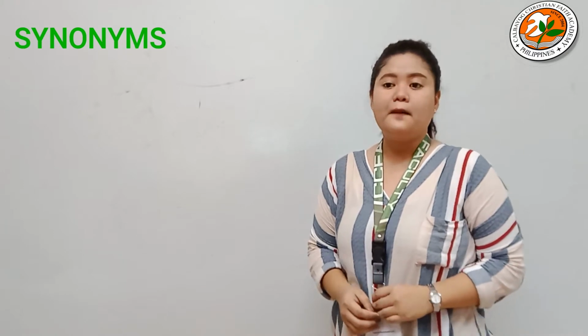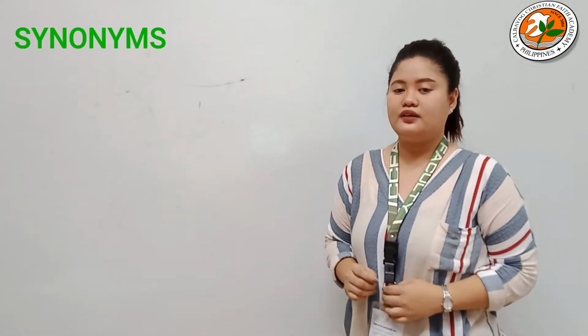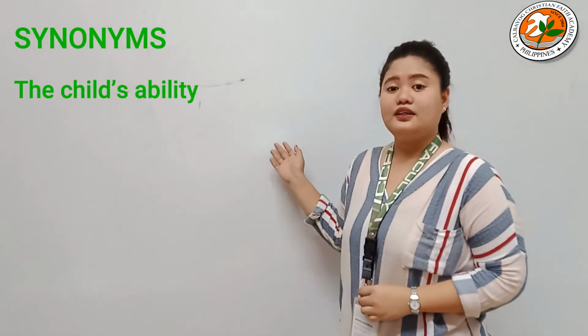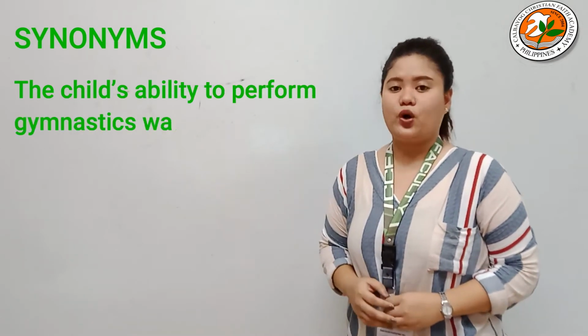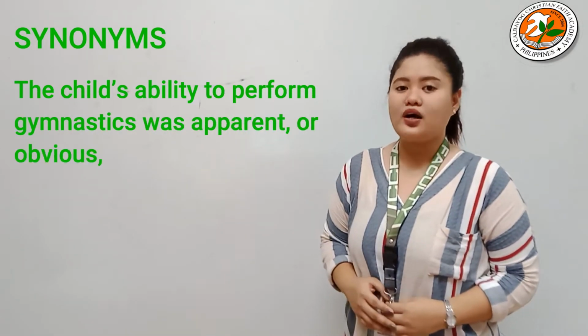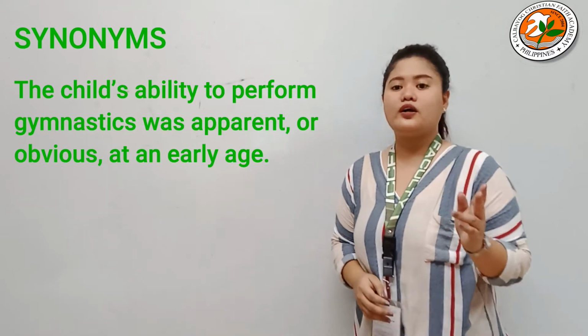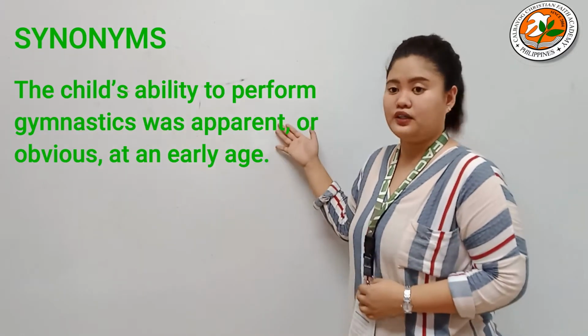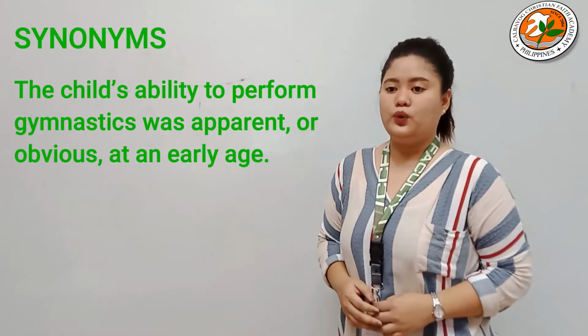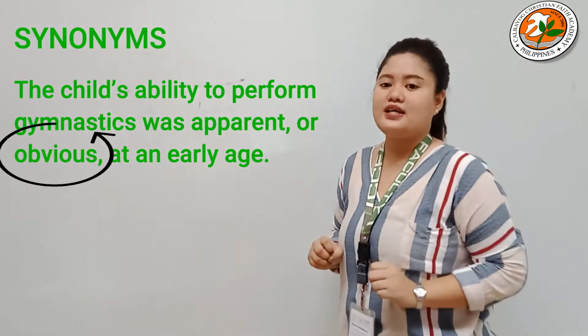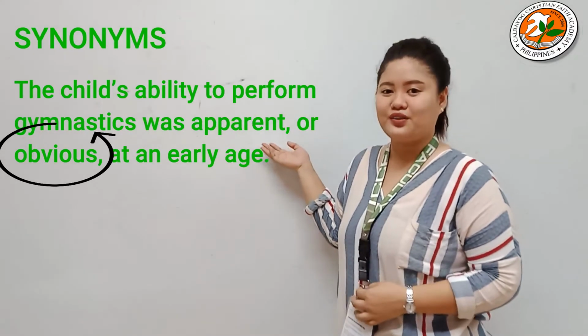Some authors use synonyms, or words that mean almost the same thing. For example, the child's ability to perform gymnastics was apparent, or obvious, at an early age. If you are unfamiliar with the word apparent, the synonym clue obvious makes this sentence easy to understand.